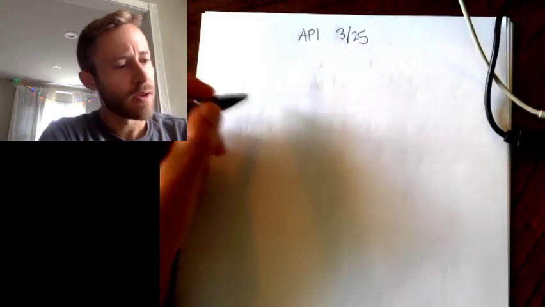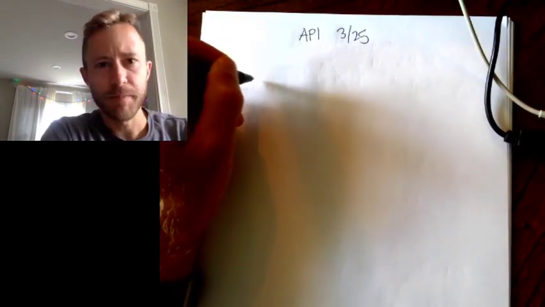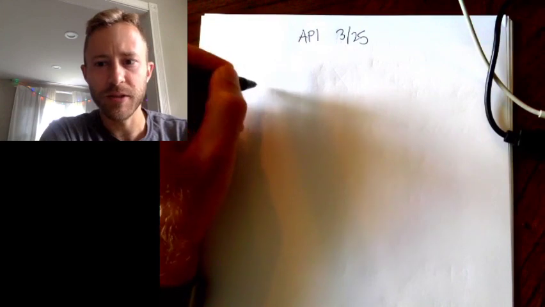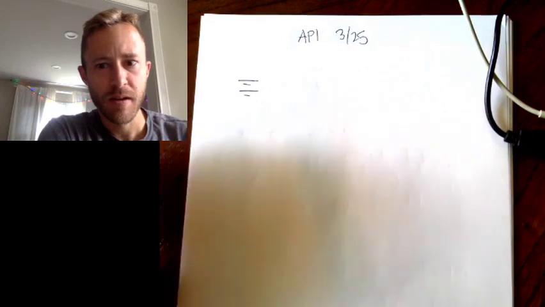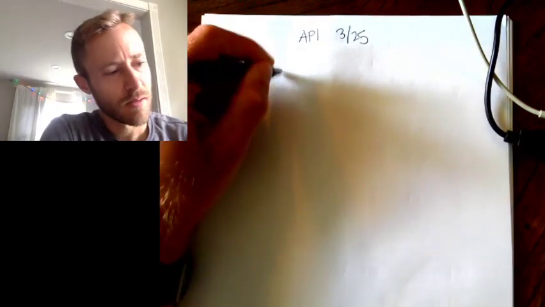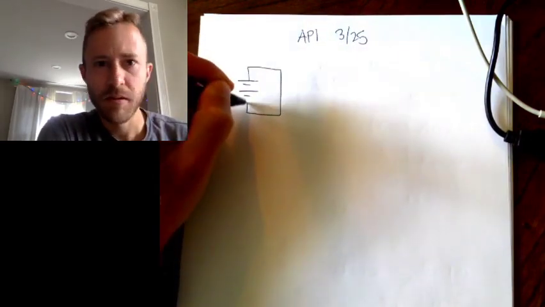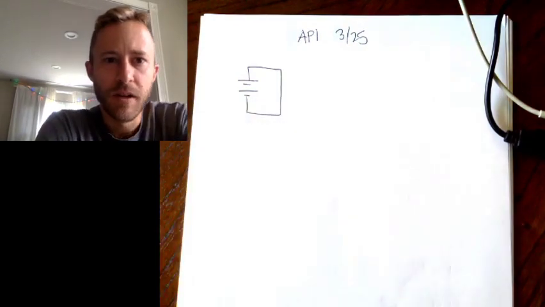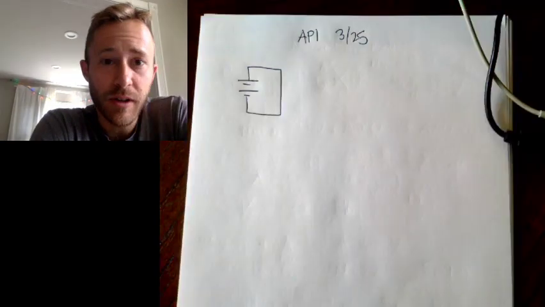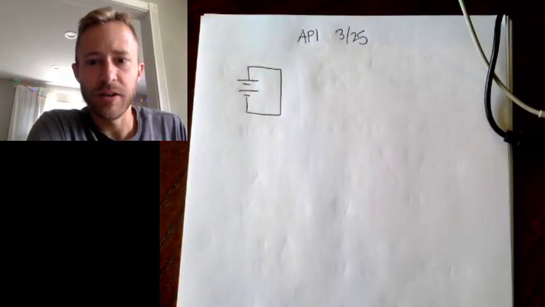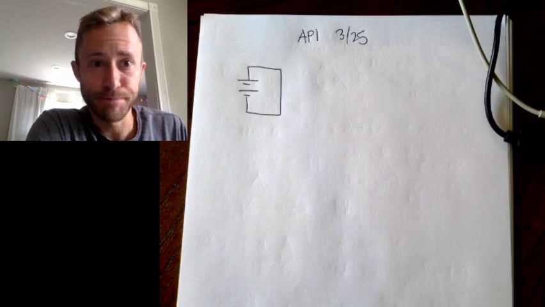What we're going to talk about for the next 2 days is what happens if you have a circuit that looks like this. So this is a circuit that consists of a battery and no resistor.